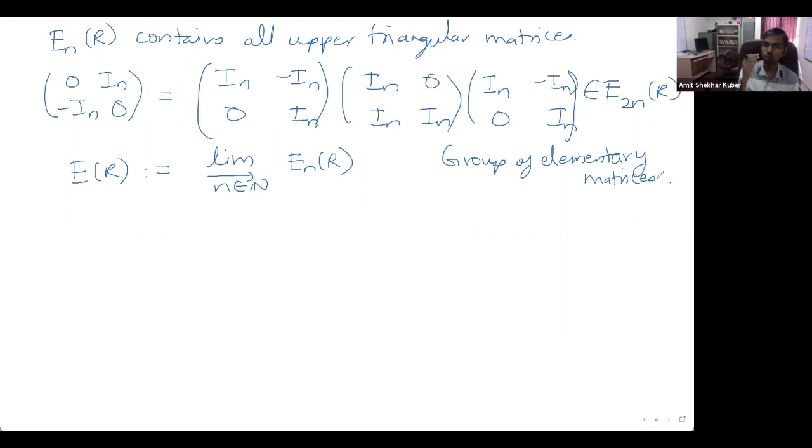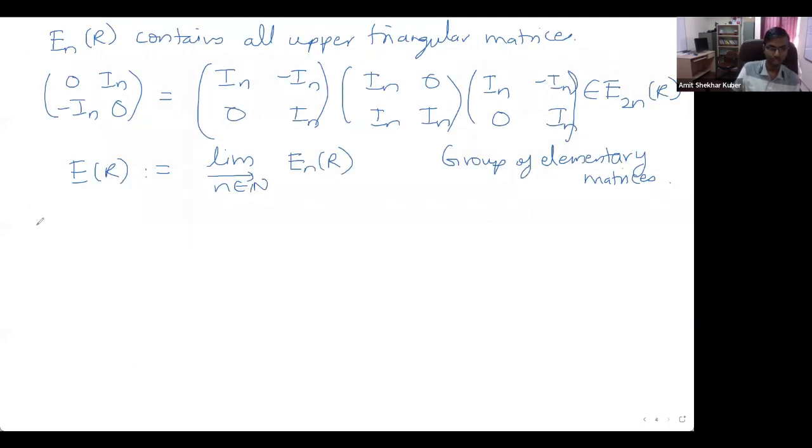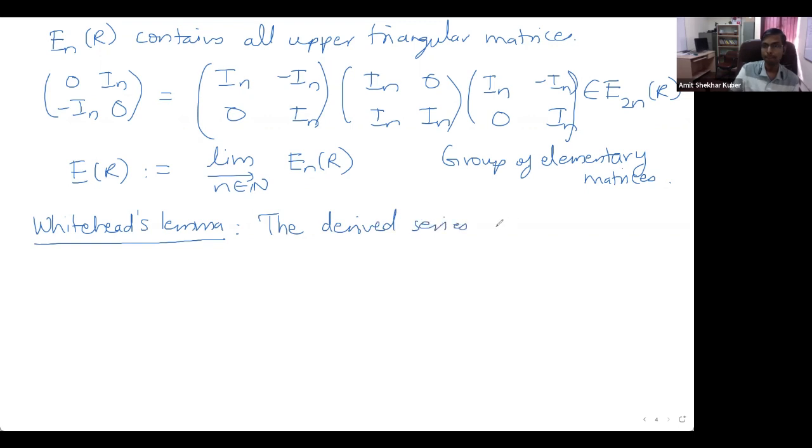Okay. So once we know all these things, what is its connection with this definition of K1? The answer lies in Whitehead's lemma. Whitehead said that the derived series of GLR is this.